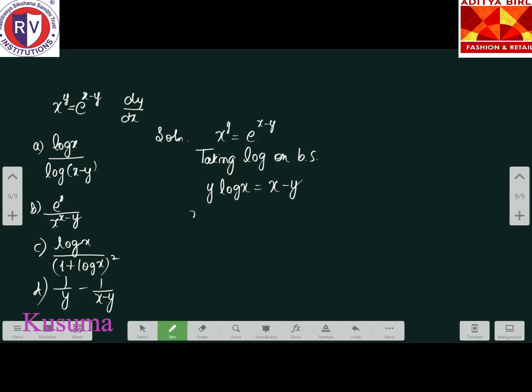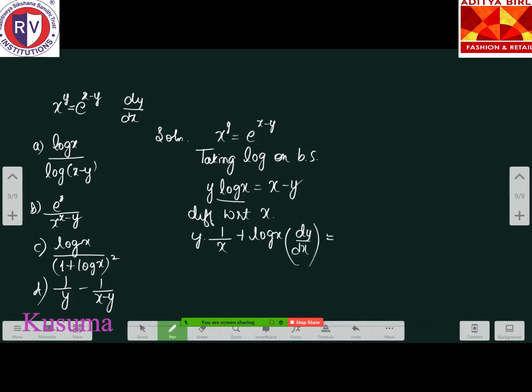Now let us differentiate this with respect to x. Here we have y and log x, so we have to make use of the product rule. Keeping y as it is, the differentiation of log x is 1 by x, plus keeping log x as it is, the differentiation of y with respect to x is dy by dx, equal to, differentiating the RHS, dx by dx is 1 minus dy by dx.